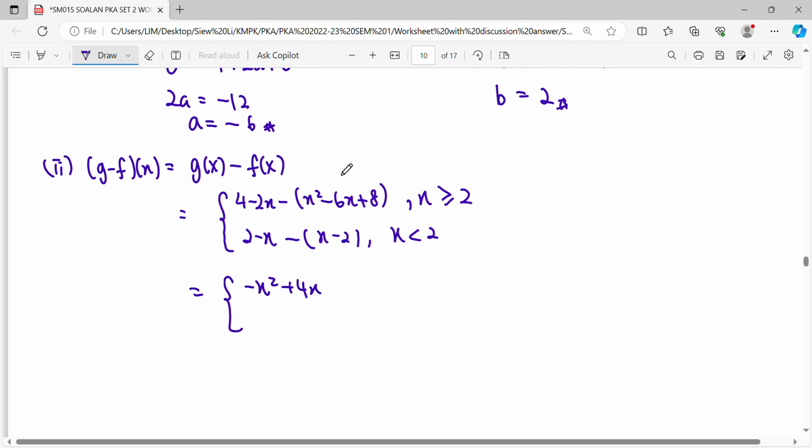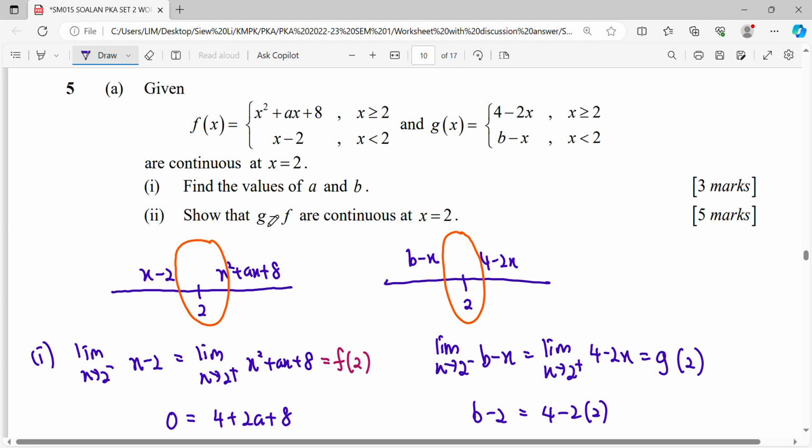The constant 4 minus 8, negative 4. And then negative x minus x, negative 2x, 2 plus 2 will be 4. After we identify this function g minus f, we show it is continuous at x equals 2.